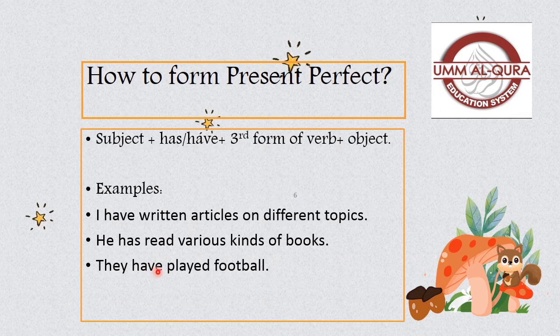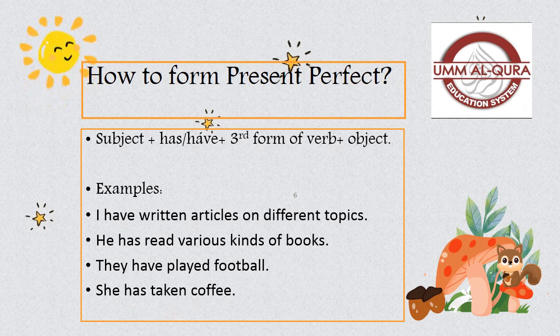They have played football. They, subject, have, helping verb which is used for plurals, and played, third form of verb, in the last is football. She has taken coffee. She, singular, has, helping verb, taken, third form of verb, coffee is your object. So this was the making and explanation of affirmative.